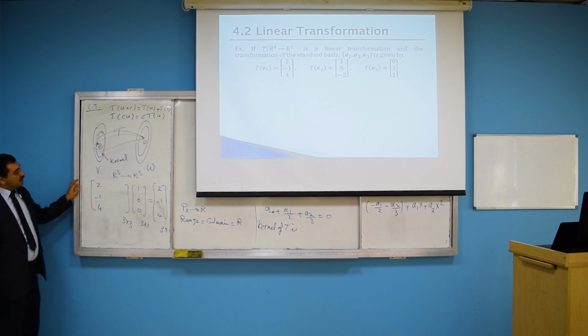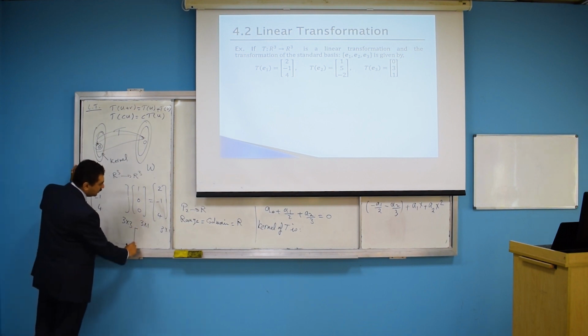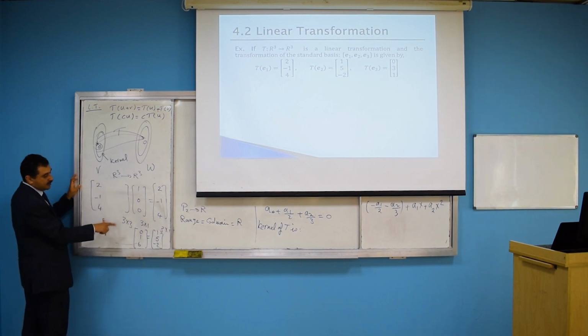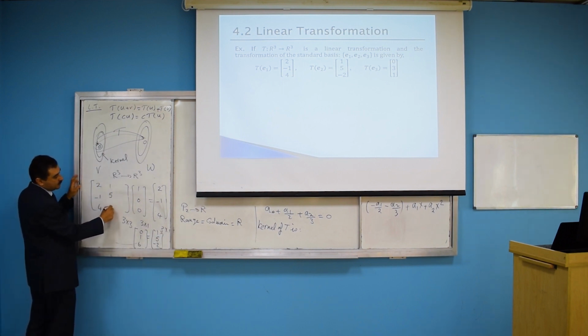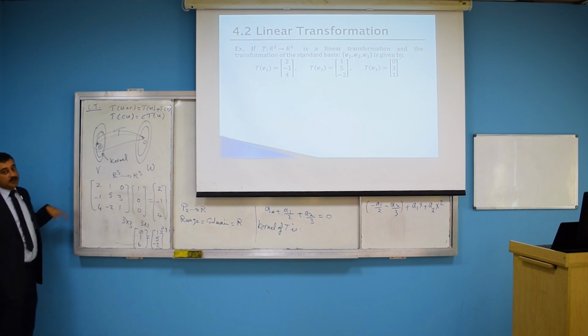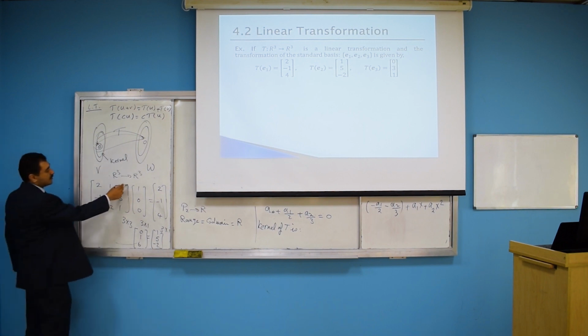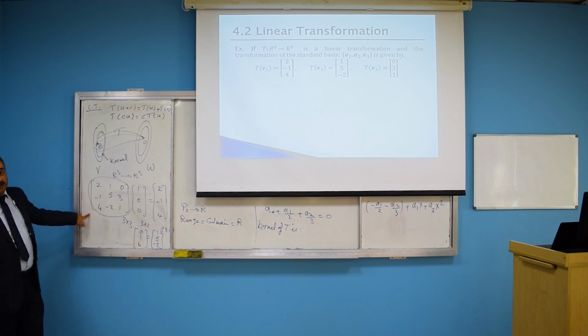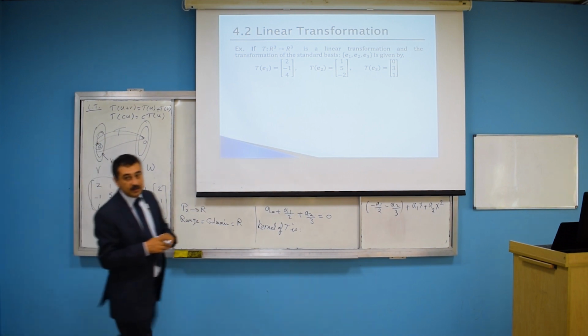And similarly for E2, which is 0, 1, 0, you get the vector 1, 5, negative 2, so the second column must be 1, 5, negative 2. And similarly for the third one, 0, 3, 1. So actually the transformation matrix is formed from the transformation of the standard basis as columns.